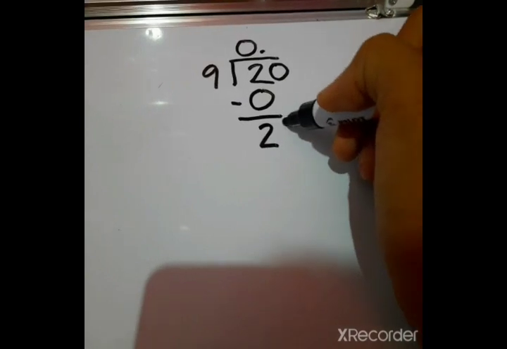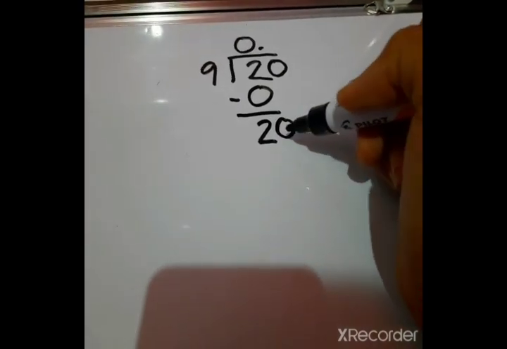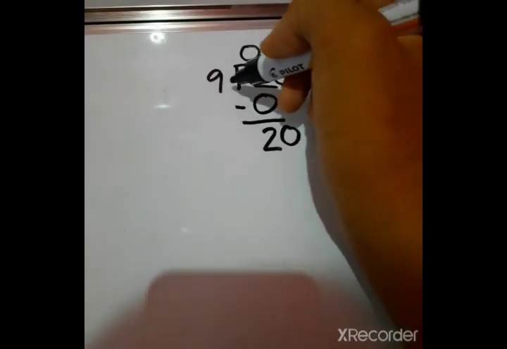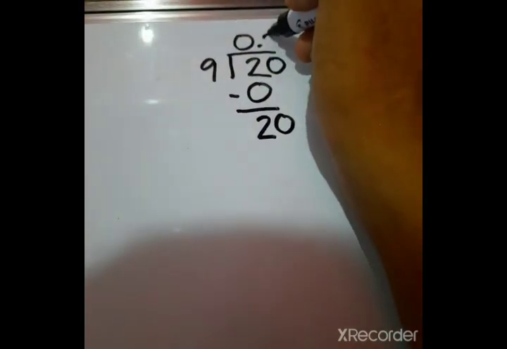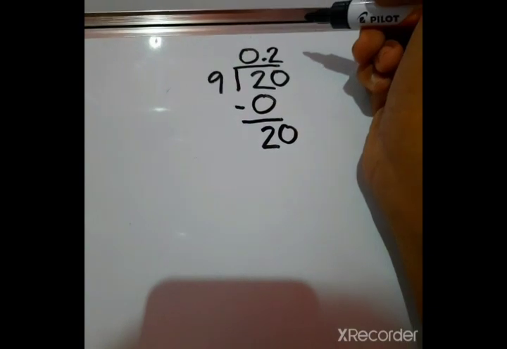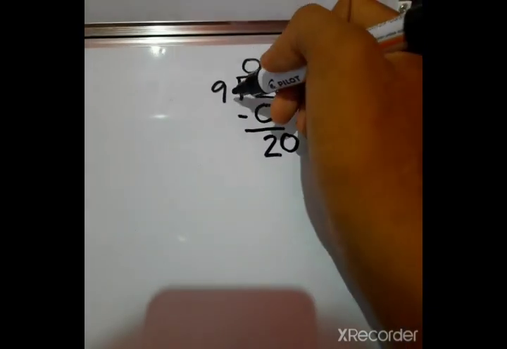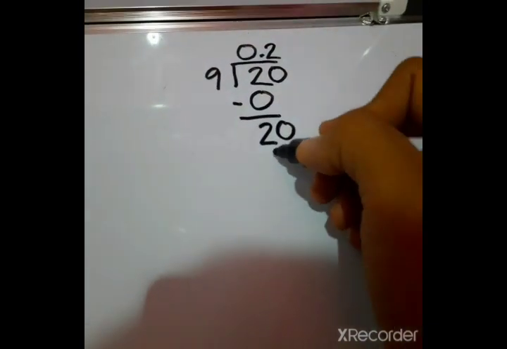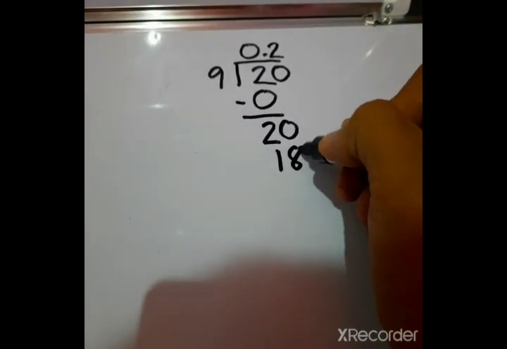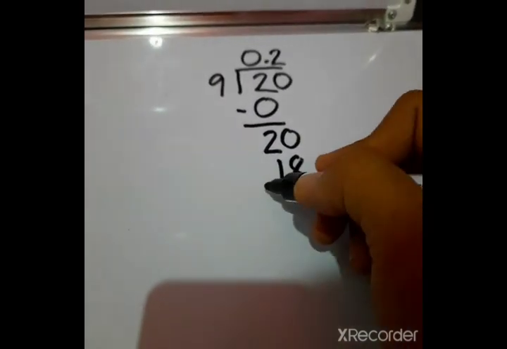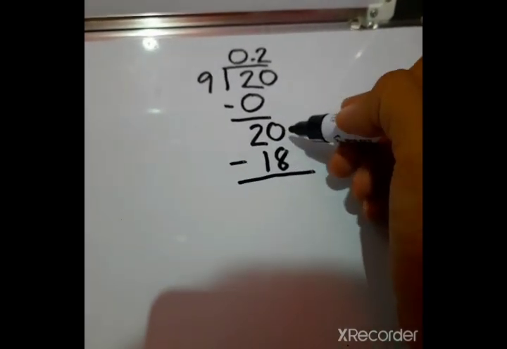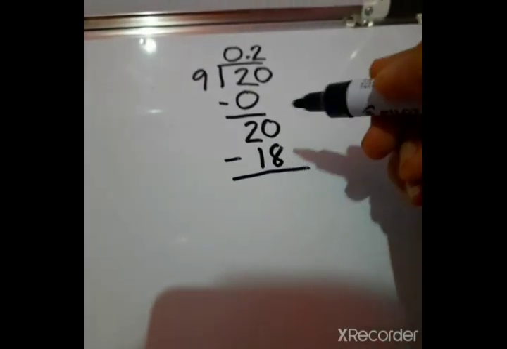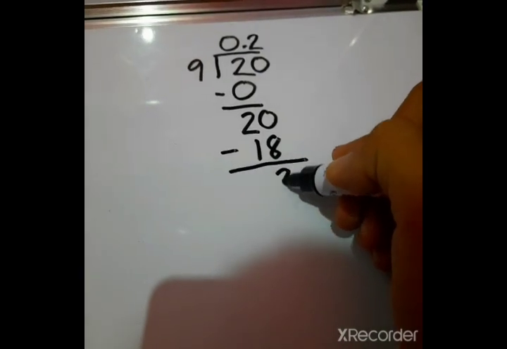So bring down 0. 20 divided by 9, the answer is 2. 2 times 9, the answer is 18. And then 20 minus 18, the answer is 2.